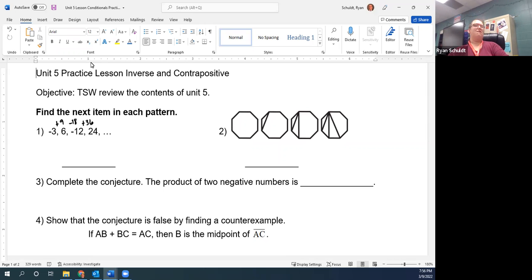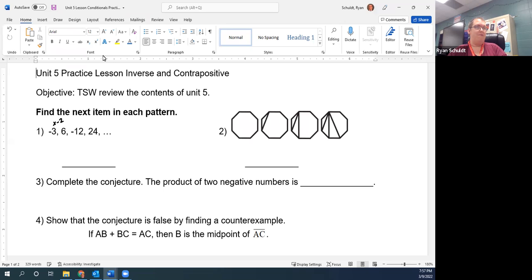That still doesn't help me with the pattern here. So there's not a set thing I'm doing each time, so I'm going to erase that. That's not really helpful. What about multiplying? Negative 3 times what gives you positive 6?